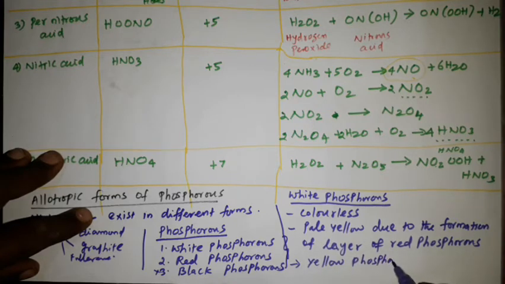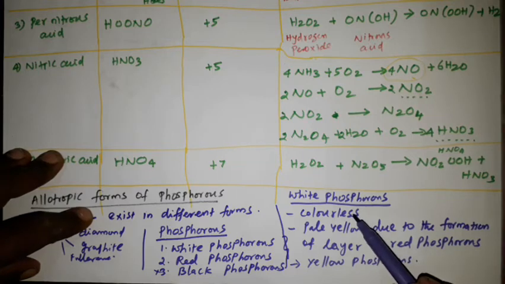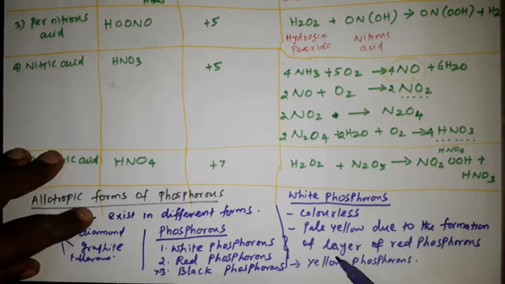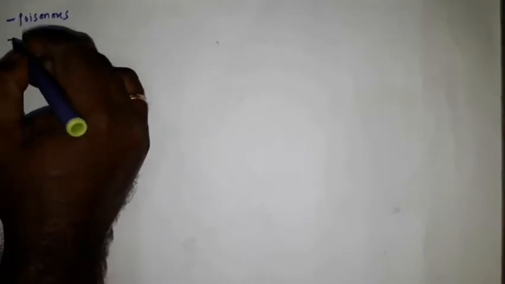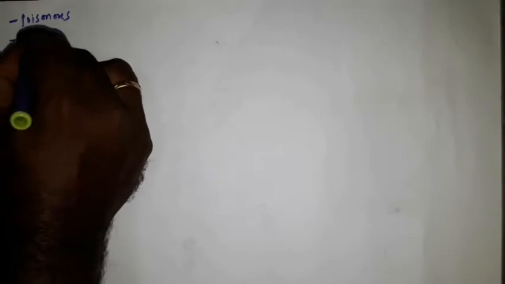Clear? So white phosphorus is colorless, it will slowly turn pale yellow on long standing due to the formation of a layer of red phosphorus. Hence it is called yellow phosphorus. And this white phosphorus is poisonous in nature, and it has a garlic smell.